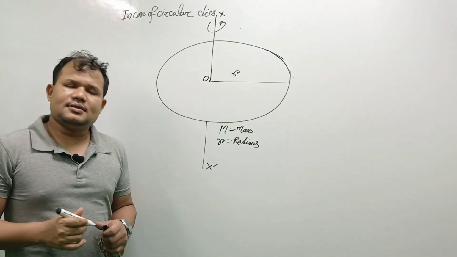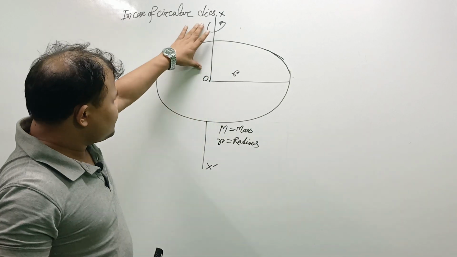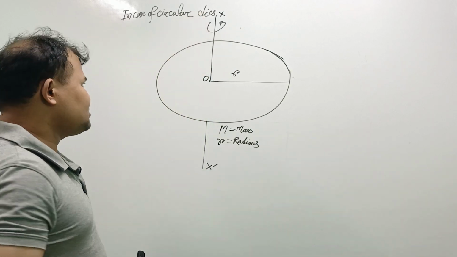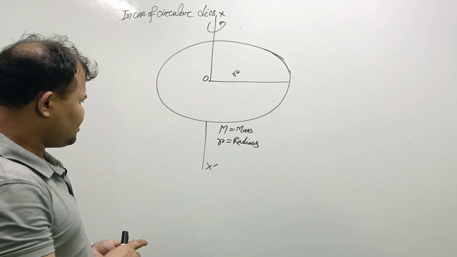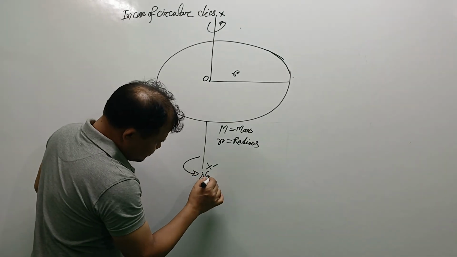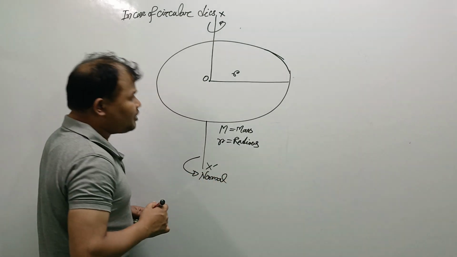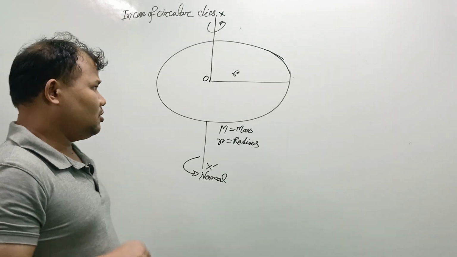O is the center of the circular disc, and the rotational axis passes through the center and is perpendicular to the disc, that means the axis is normal. According to this axis, we try to find the moment of inertia of the circular disc.